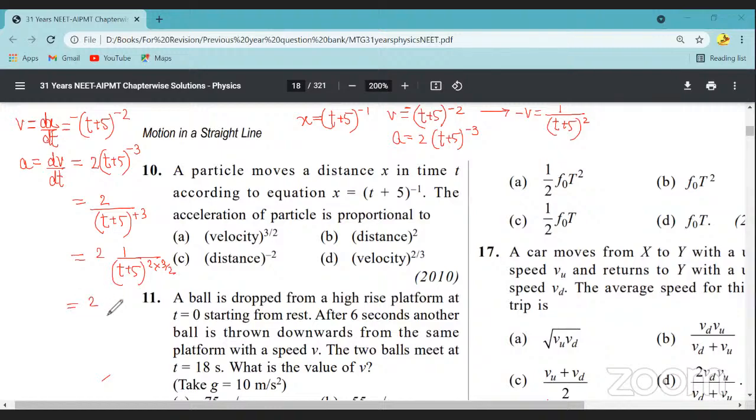So this can be written as 1 by t plus 5 whole square, that means minus v, so this can be written as minus 2 into v to the power 3/2. So it's proportional to v to the power 3/2. So option A will be the answer.